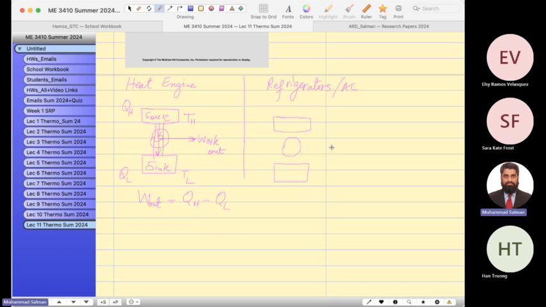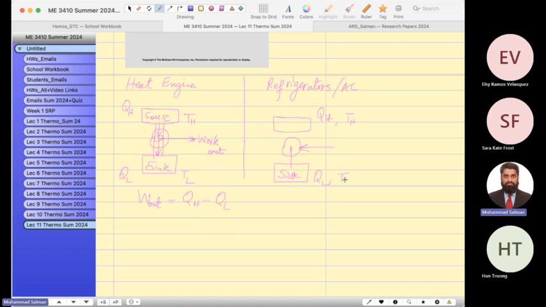On the other hand, for refrigeration cycles, this is QL, at low temperature like the evaporator, and this is QH, at high temperature.